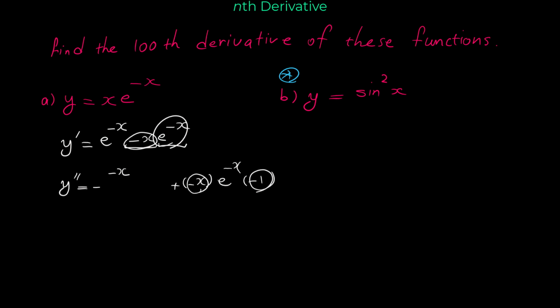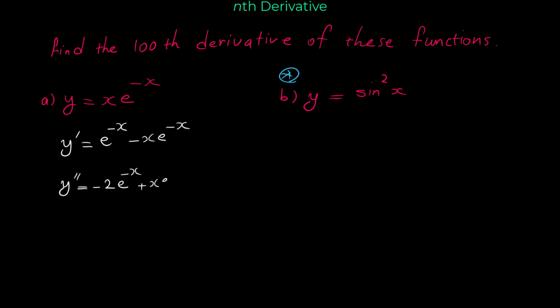So let me erase it and rewrite it as negative 2e to the negative x. And here we got positive x e to the negative x. So basically we have plus x e to the negative x.